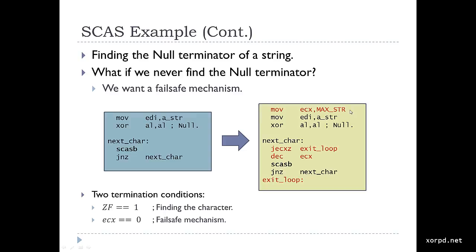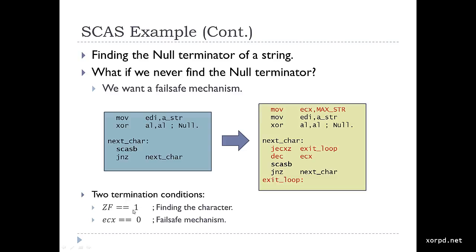We just defined earlier in the code that we don't want to do this loop more than max_star times. Which means that, for example, if max_star is 3, this loop will only happen 3 times. It will not iterate more than 3 times. So actually we get 2 termination conditions.